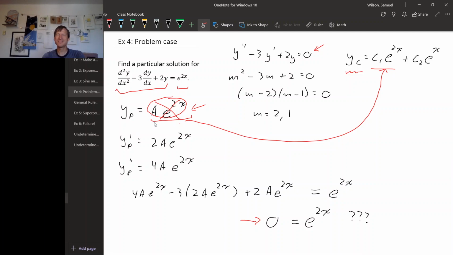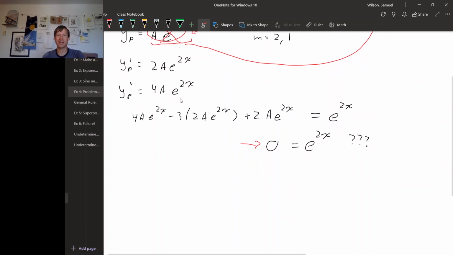Well, we need to figure out some other type of function that we could use for a guess whose derivatives involve e to the 2x. And you might recall from our work with homogeneous linear equations that there is another kind of function whose derivatives spit out some factors of e to the 2x, or some terms involving e to the 2x.